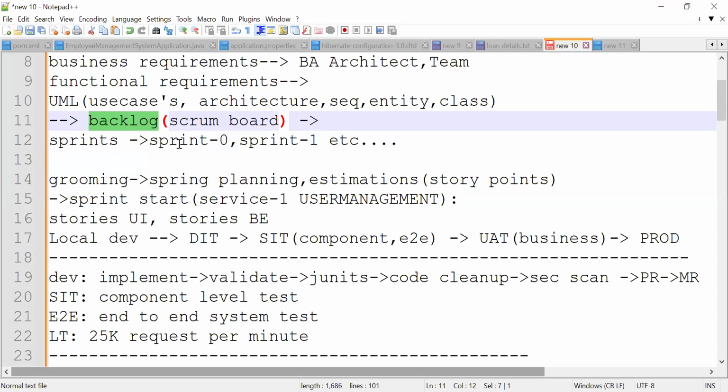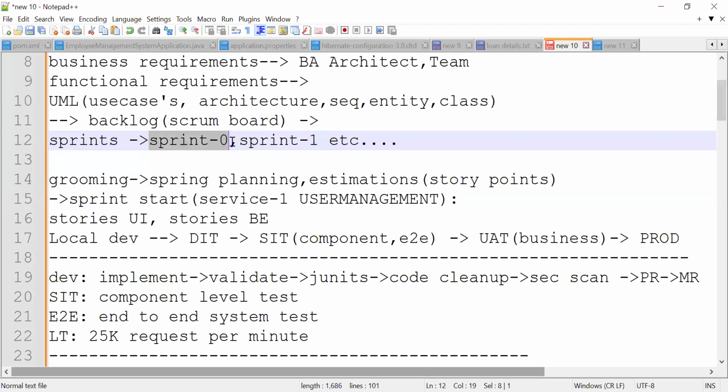Then they calculate high-level effort or estimations, how many story points people can deliver. After sprint zero, the initial sprint, we will understand how much capacity our team has, how many kilometers they can run in the next week or 2 weeks. Based on that, they will plan the upcoming sprints.